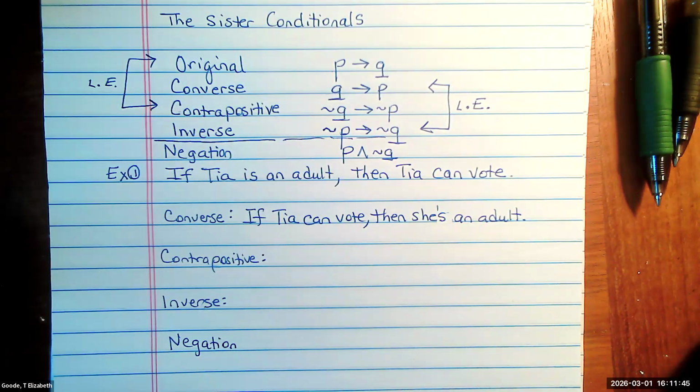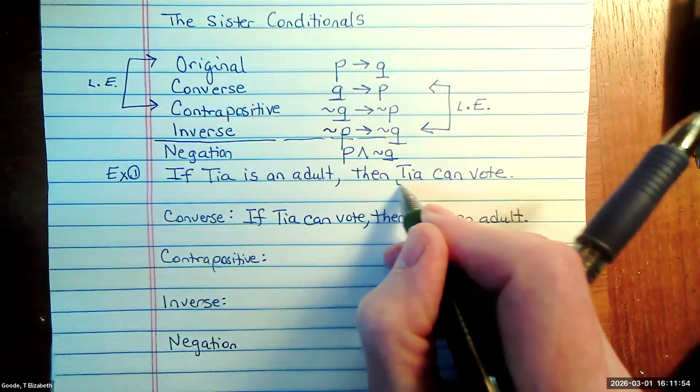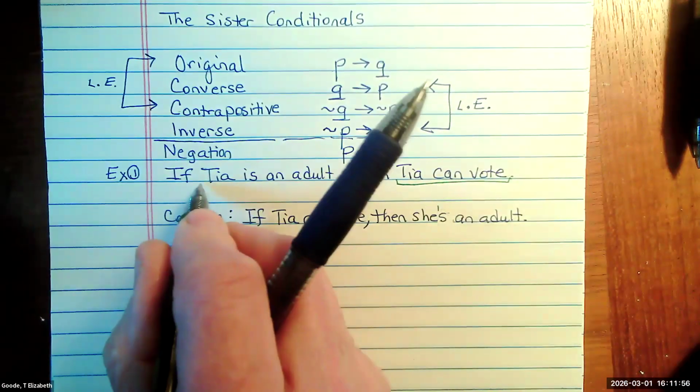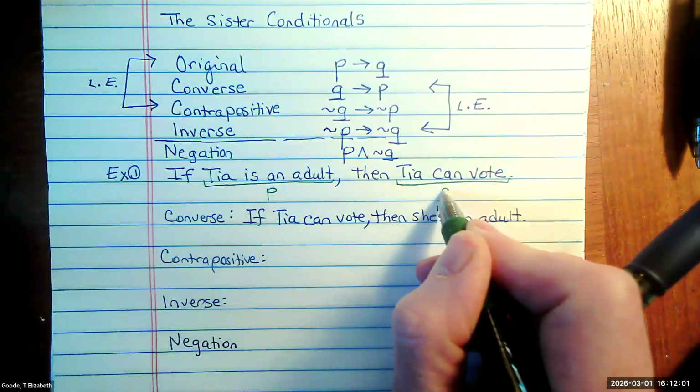Contrapositive. If Tia can't vote, then she's not an adult. Good. In fact, it can be helpful on the test if you make a little key, you know?